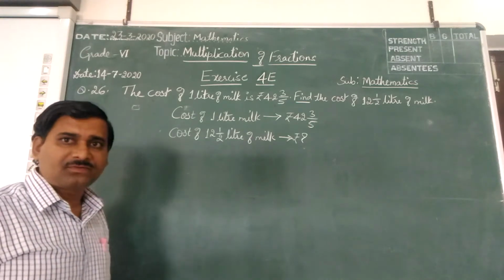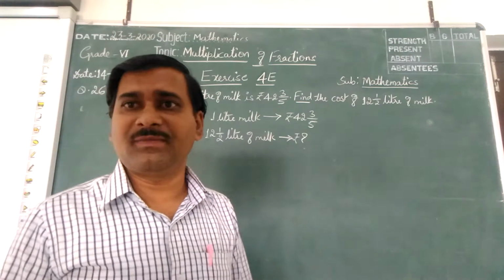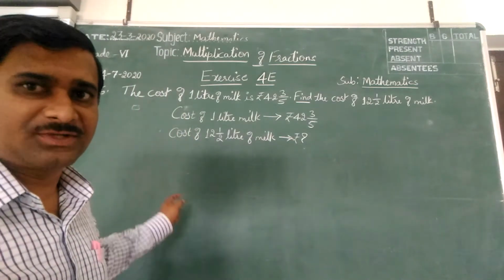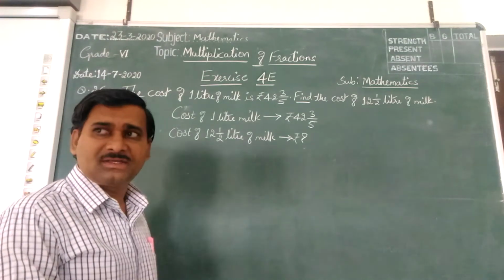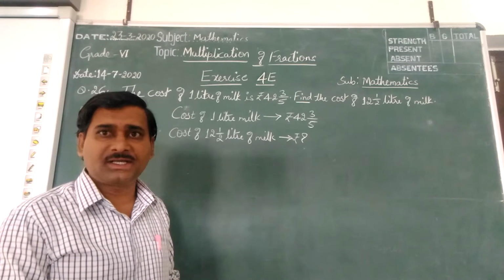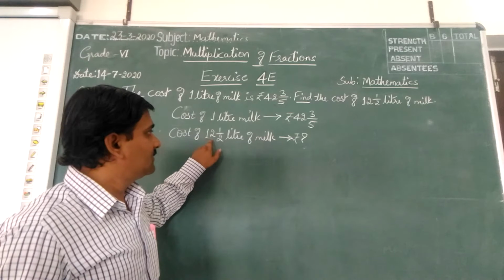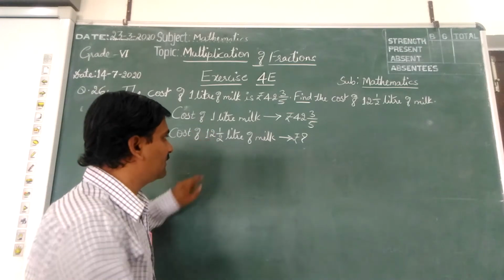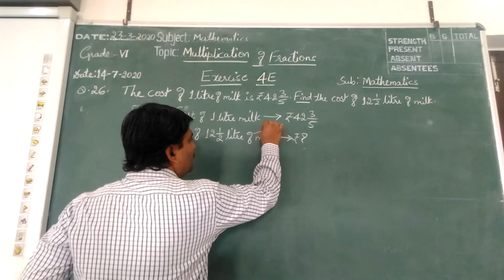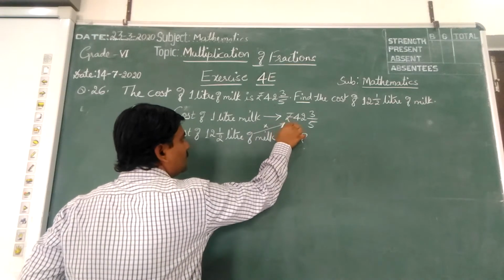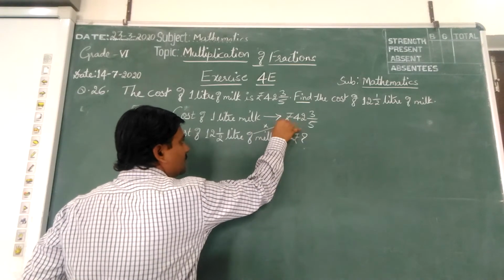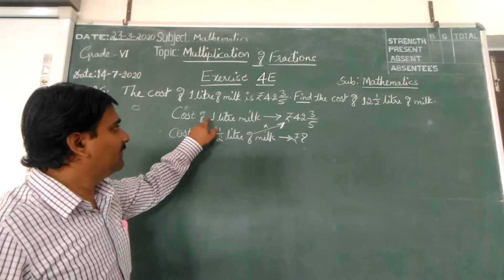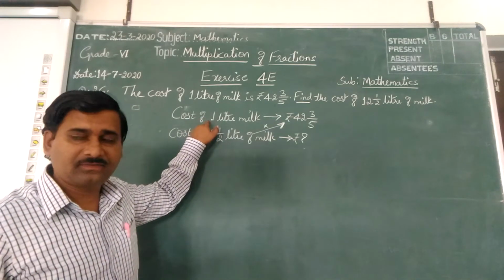Such type of questions are actually called unitary method. In the unitary method we will do one thing: in the second step, whatever we wrote, this corner into this corner and divided by this first one.